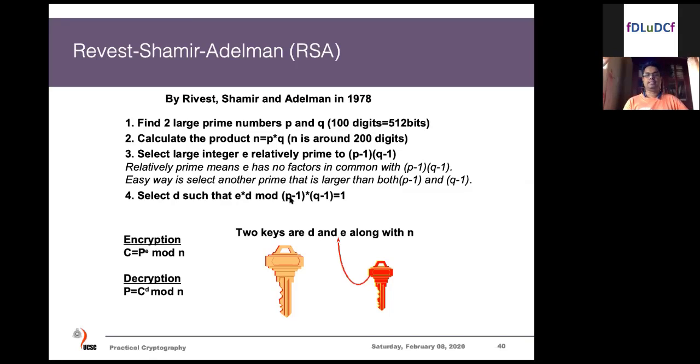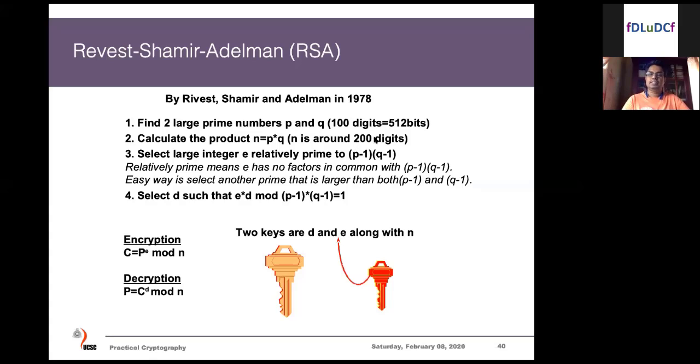In the RSA algorithm, first we need to generate two large prime numbers. That is called P and Q. Then we have to calculate the product of these prime numbers, P multiplied by Q. Let's say this is N. If our P and Q are 100-digit numbers, our N is a 200-digit number.